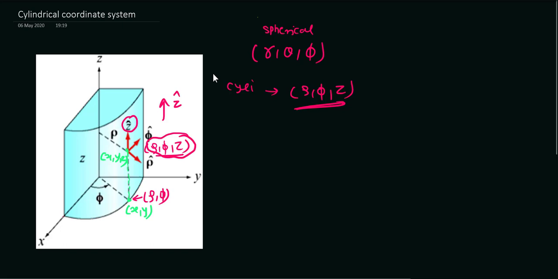Now in the Cartesian coordinate system, this distance would be our distance x, and this distance would be our y. And in the cylindrical coordinate system, rho would be this distance, and this would be angle phi.